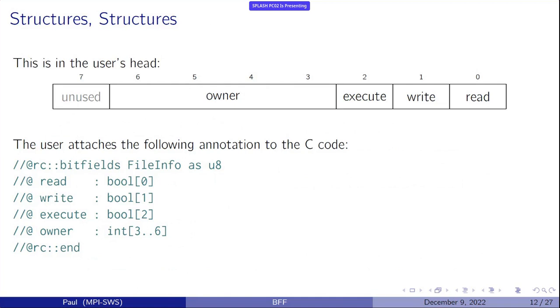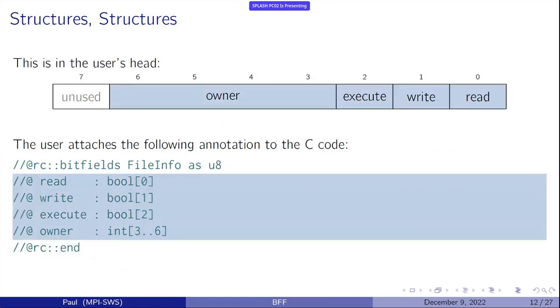In our front end, we introduce a new annotation, namely the RC bitfields annotation, as you can see here. Specifically, the user has to specify the name of these new types of structured bit vectors, the integer size of the underlying bit vector, and the names and positions of the logical fields in these types.